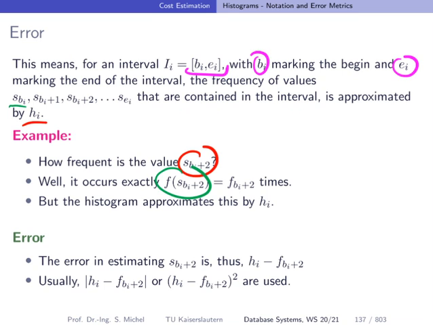And this is exactly hi. So obviously, in general, we make an estimation mistake. This is usually measured as either the absolute error or the squared error, hi minus f of SBI plus 2, squared.